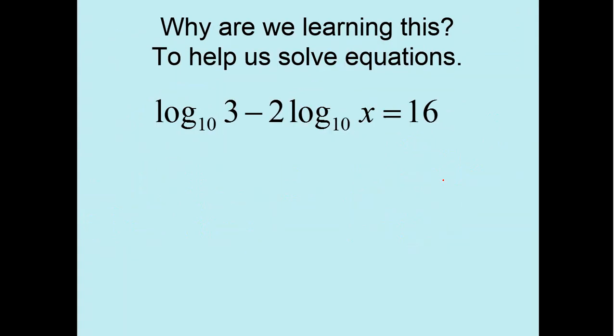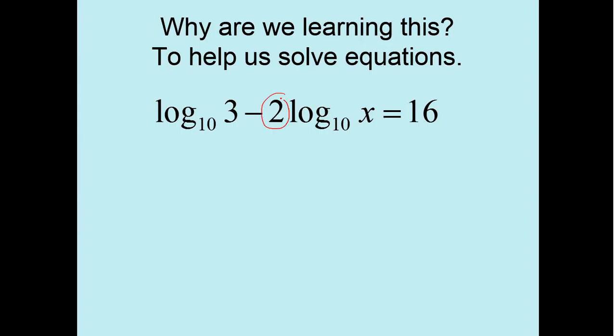Now you're probably asking, why are we learning this? Why do we need to know these strange properties? Well, what it does is it helps us solve equations. So notice, guys, I would have log base 10 of 3 minus 2 log base 10 of x equals 16. I can't get to this x right now. Doesn't work. So what we would do, guys, is ultimately use these expressions to get it down to 1 log.